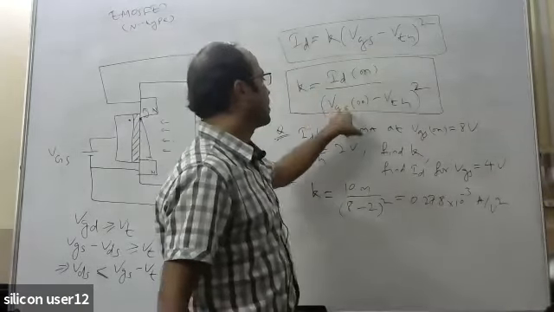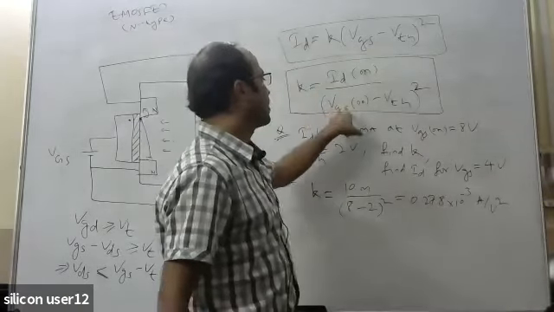So K is given 0.4 into 10 to the power minus 3 equal to ID on, which is given 3 milliampere, by VGS on, which is given 4 volt, minus VT whole square. Just recalculate it and you can find all the parameters.